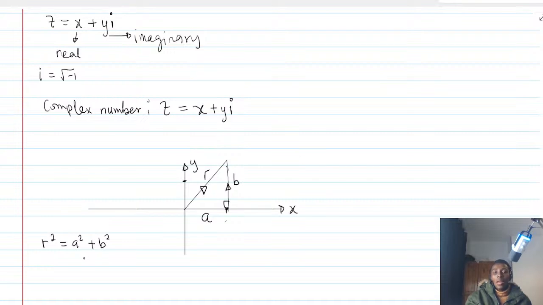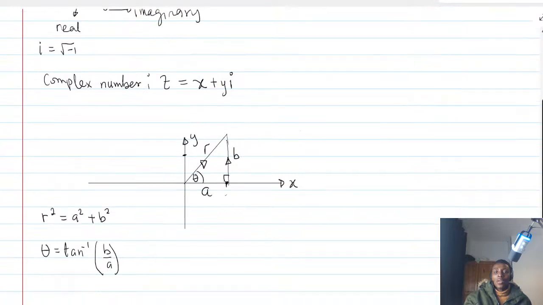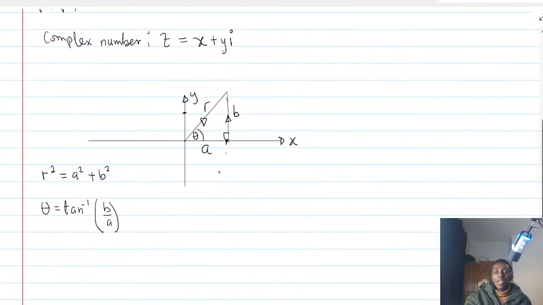Okay, and then if there is an angle here, let's say theta, we can say that theta is going to be what? The tan inverse of what? B divided by A. Okay, so now this is basically what we are saying.